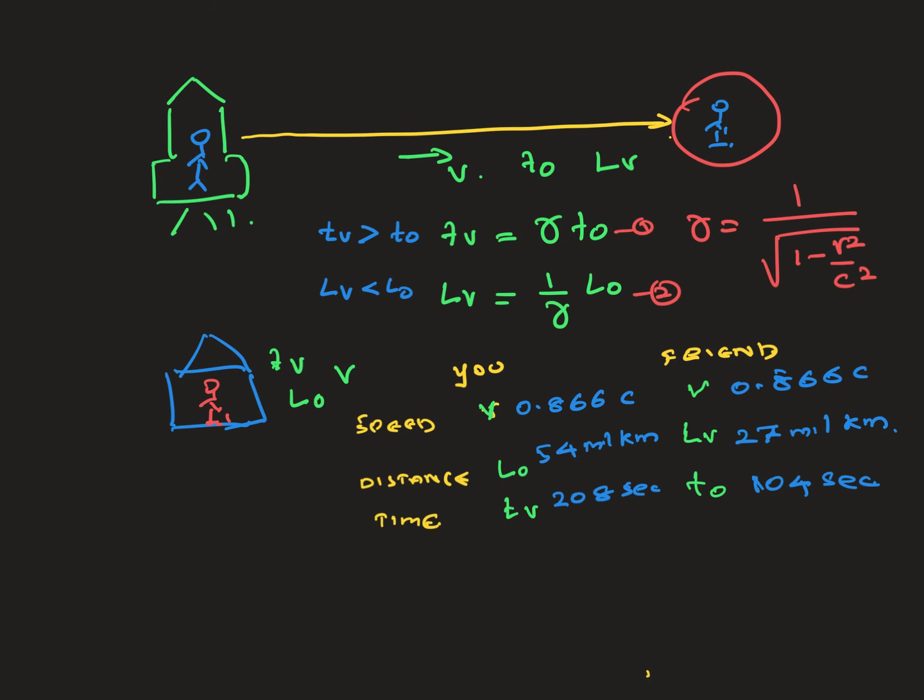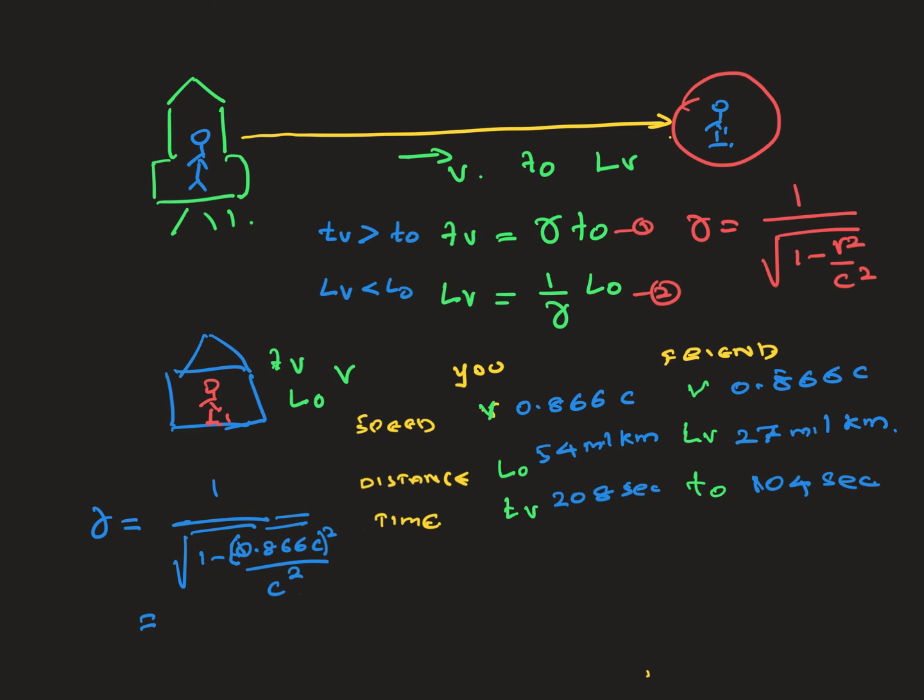And the distance, according to you, is 54 million kilometers, but he said 27 million kilometers. And the time it took, according to you, was 208 seconds, and his was 104 seconds. So let's use this formula and these equations to justify whether you both came up with the right value.